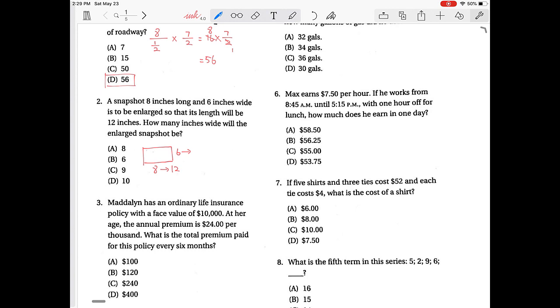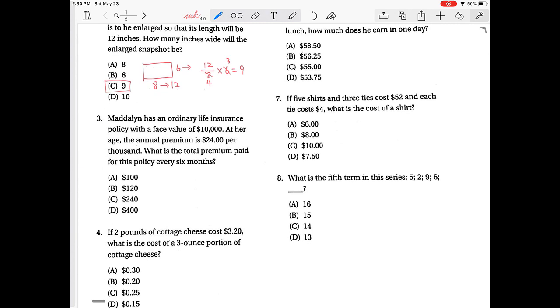So the new length is 12, the old one is 8, and we multiply that by 6, and we'll get the new width. Simplify this, we'll get 3 over 4. 12 divided by 4 is 3, and 3 times 3 is 9. That is option Charlie.